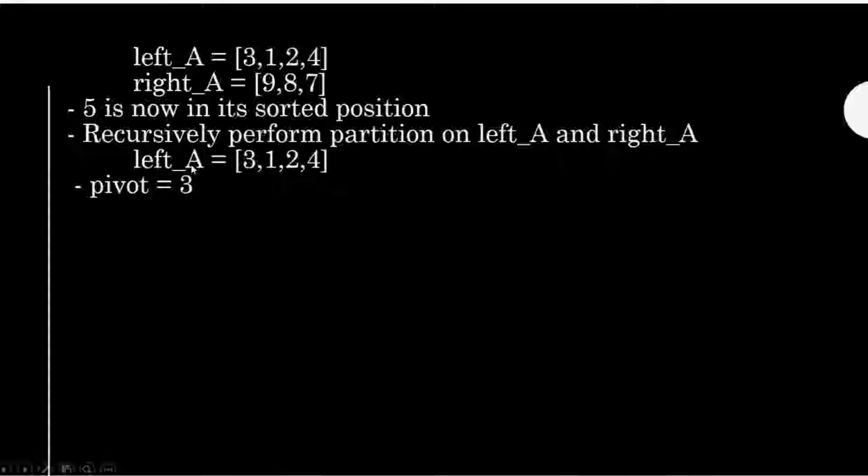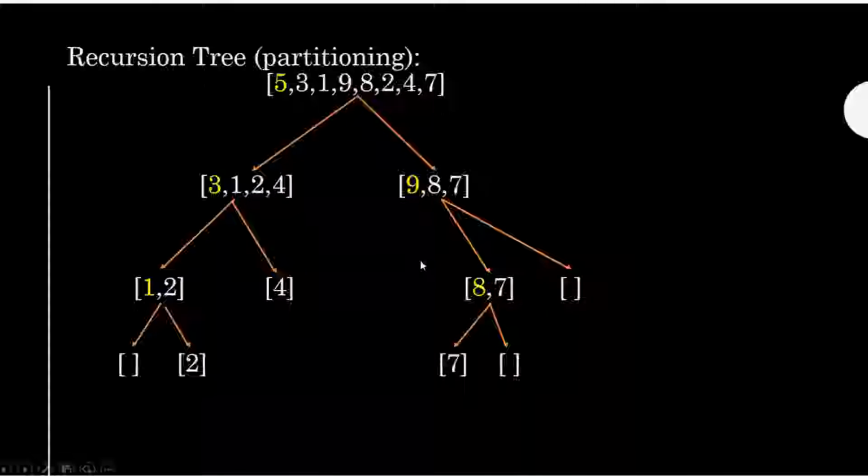This is when we pick our left array, and we pick our first element here as 3. So this is a recursion tree of our partitioning. What happened in our partitioning: we have our initial array. We divide the array into two parts based on those that are less than or equal to and those that are greater than our pivot.